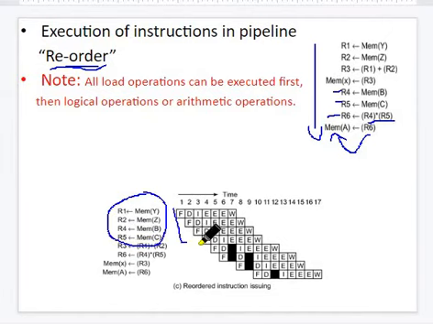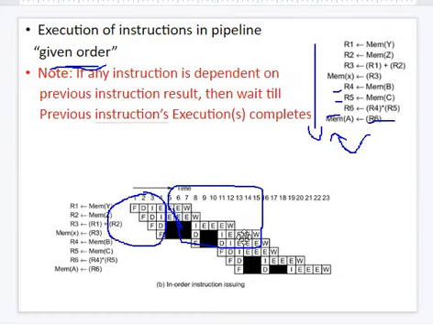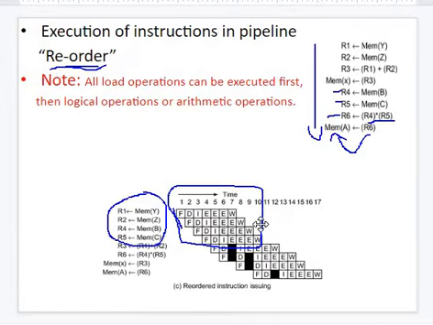What is the advantage? See here, by the 10th cycle all data is in registers. Earlier, to get the data, I think we took 17 cycles. By the end of load R5 it was 17 cycles. Now it is 10 cycles.